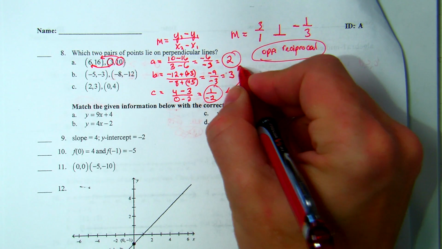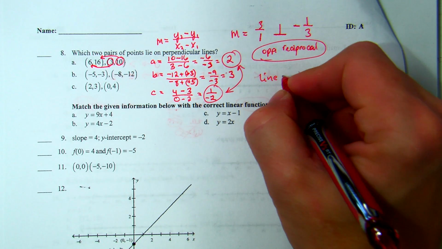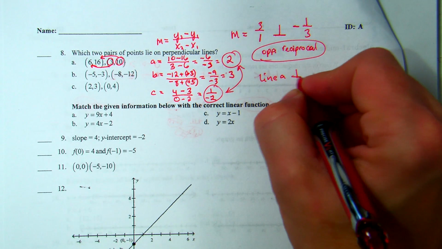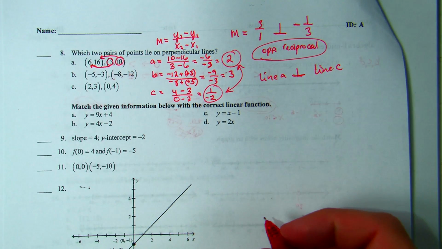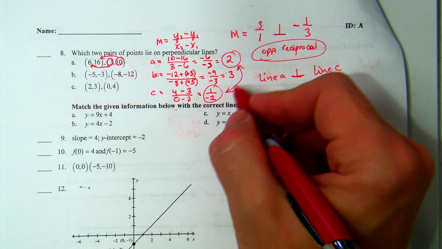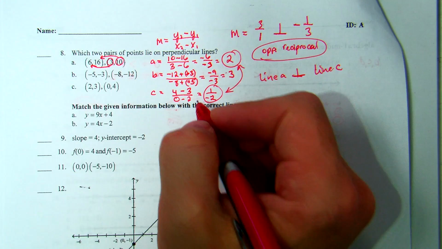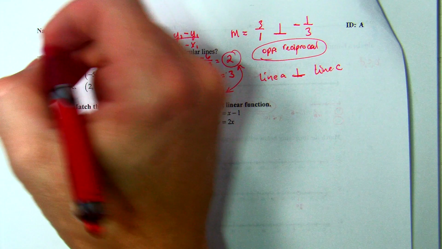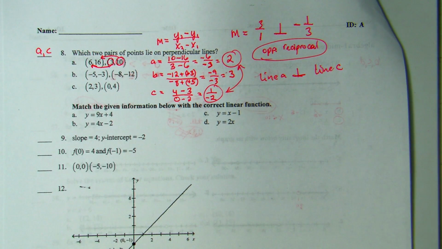Here and here, we found our perpendicular lines. Line A is perpendicular to line C because they are opposite reciprocals. Remember, this is our perpendicular symbol, right? So, A and C is the answer to number 8.